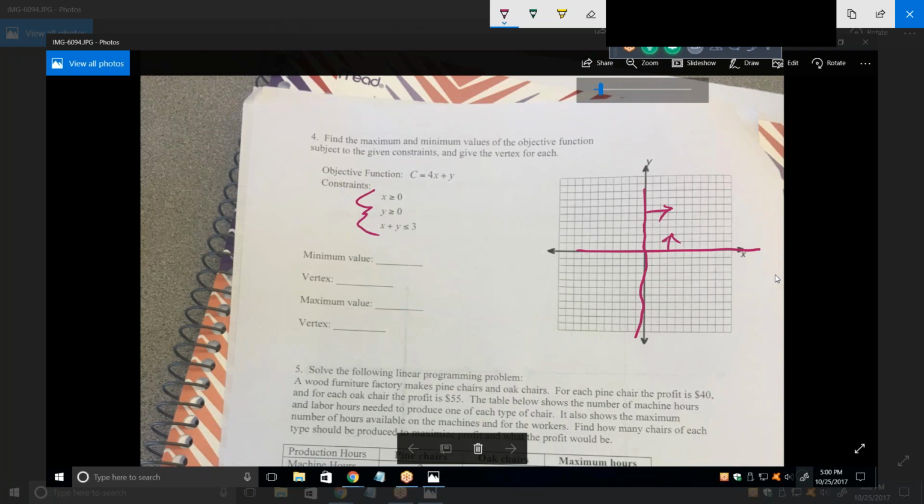And then x plus y is less than or equal to 3 is a line with a slope of -1 that starts at 3. So the region we are interested in is that region. That is the only place where x is greater than 0, y is greater than 0, and x plus y is less than 3.